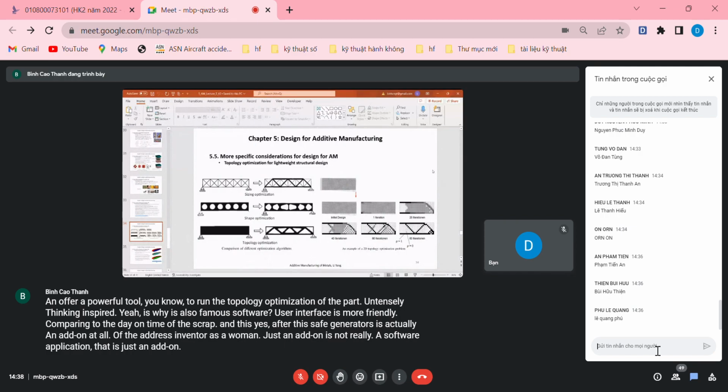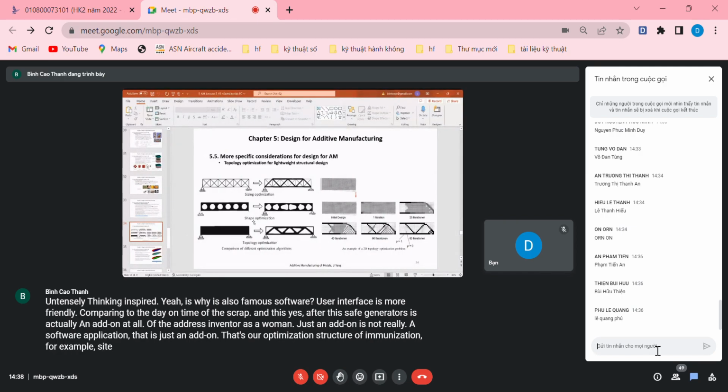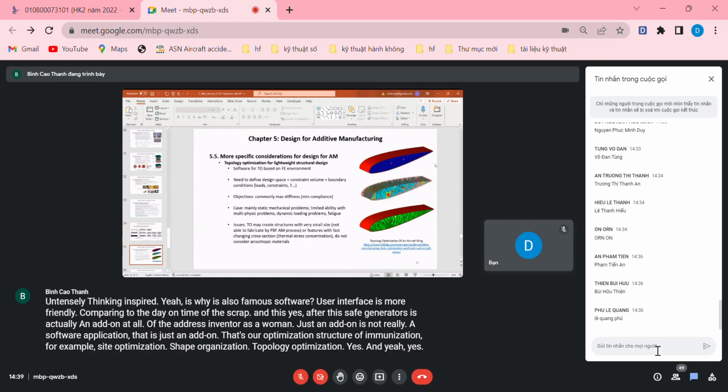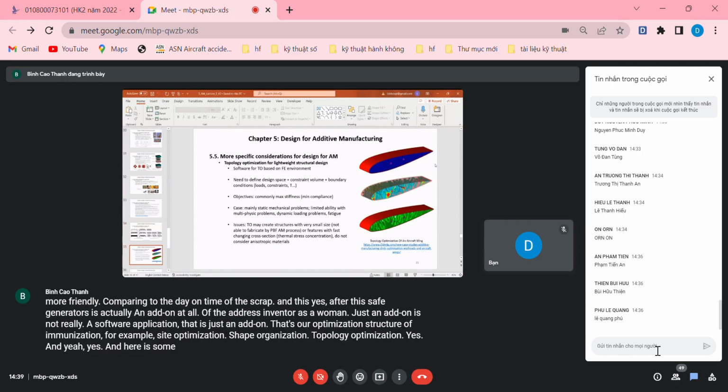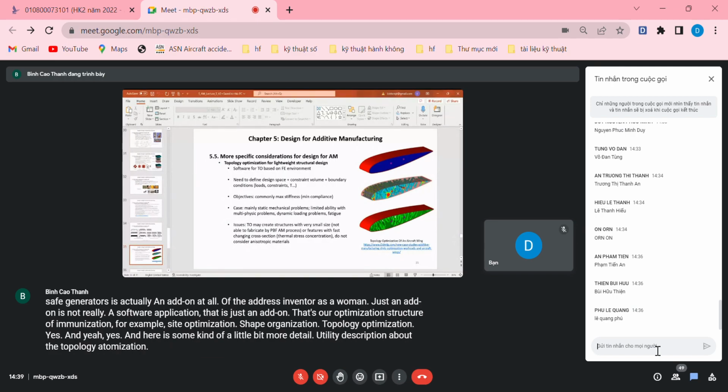There are several kinds of structural optimization, for example size optimization, shape optimization, and topology optimization. And here is a more detailed description of topology optimization for lightweight structure design.